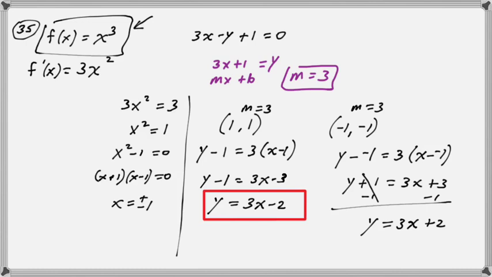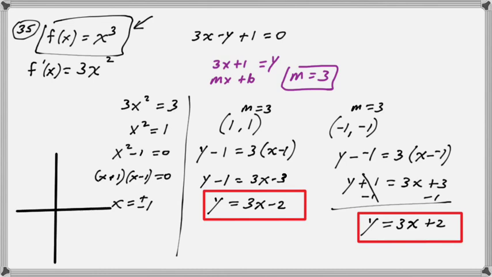So I didn't think they'd be the same because what we're talking about is x cubed, and here you have a slope of 3, and here you have a slope of 3. Yes, they'd be parallel, but they're not going to have the same y-intercepts, right?